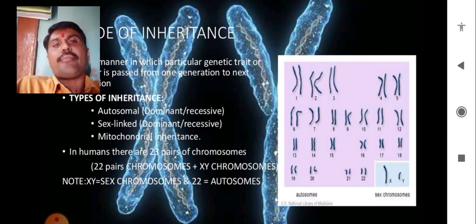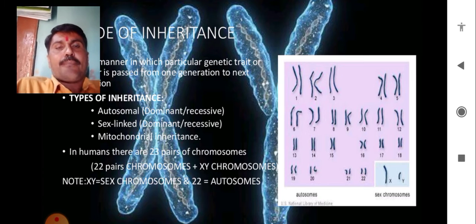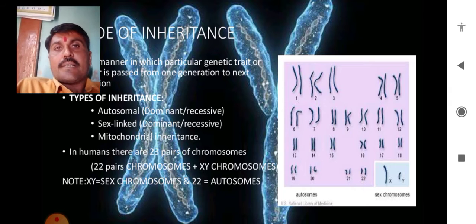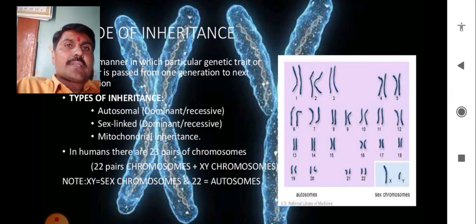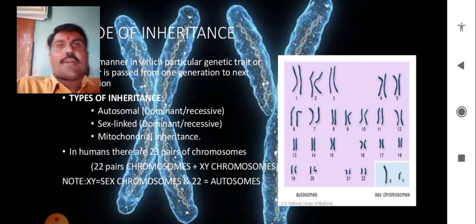For example, if a hereditary diseased gene is recessive in a parent, maybe mother or father, such a gene or disease susceptible gene is passed to the next generation.